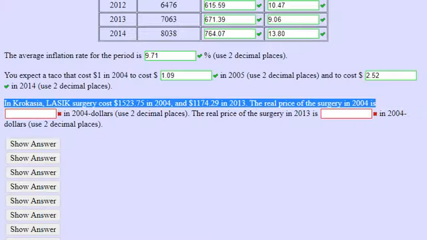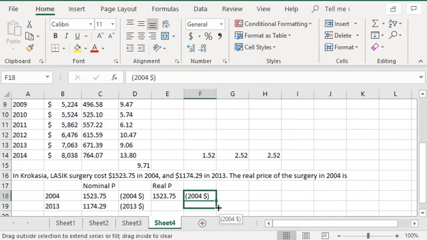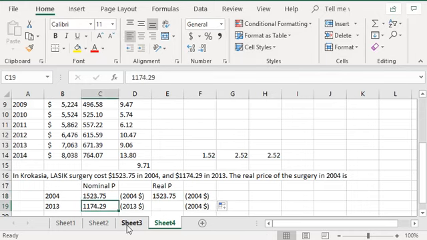Okay, so the next question is what? The real price of this surgery in 2013 is blank in 2004 dollars. So now we want to calculate the real price of the surgery that had a sticker price of 2013. We want to price that in 2004 dollars.